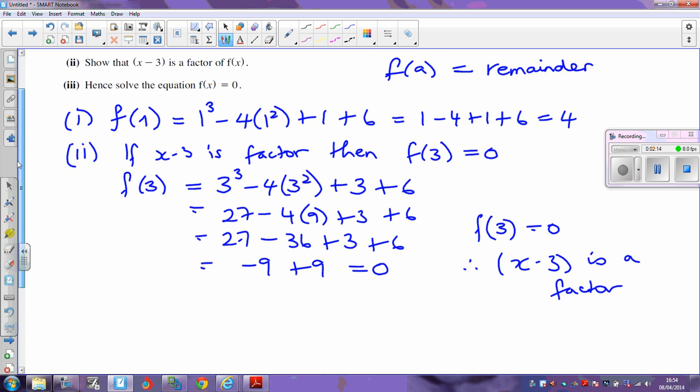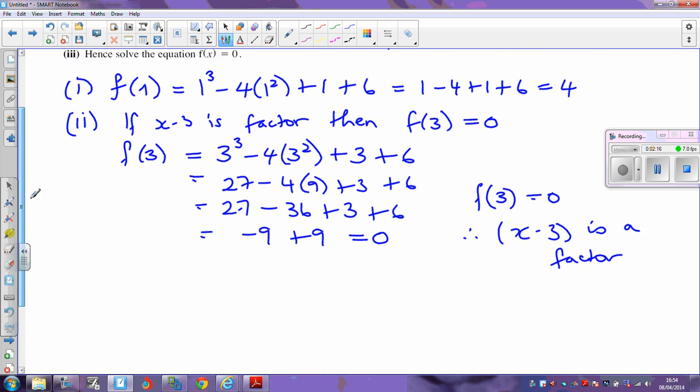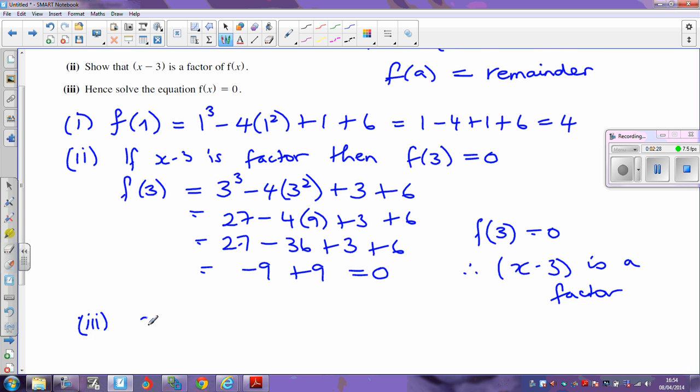Right, it now says, hence, solve the equation f of x is equal to 0. Right, we have just discovered that for our polynomial, x minus 3 is a factor. So we know that x cubed minus 4x squared plus x plus 6 must equal x minus 3 multiplied by something, because the x minus 3 divides exactly into this.